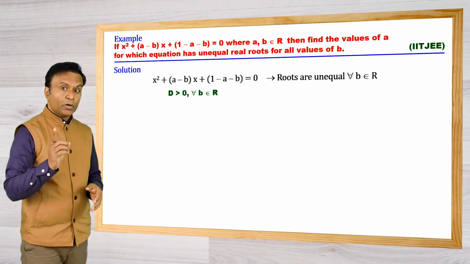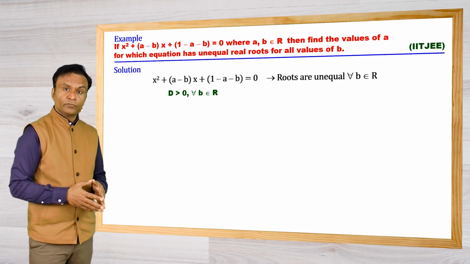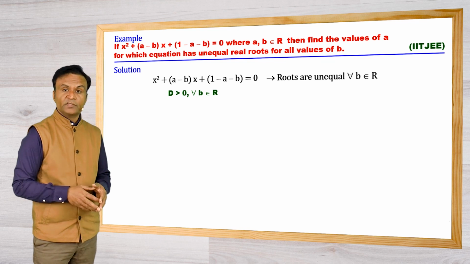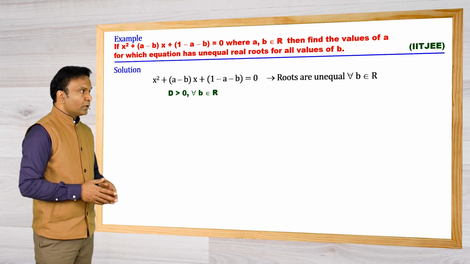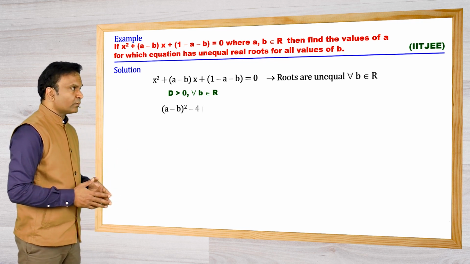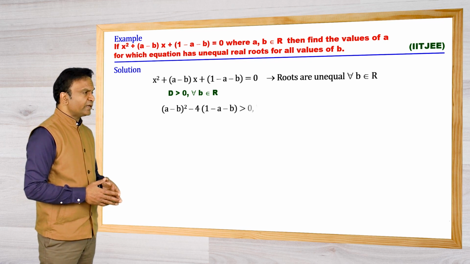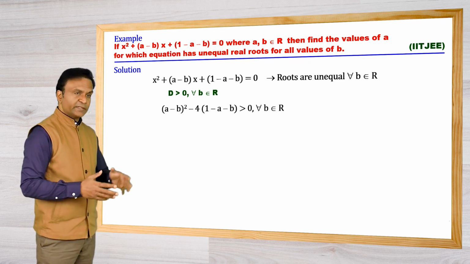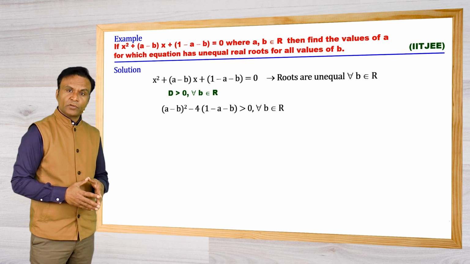But for all real values of b, this statement is very important. Now the discriminant of the equation is (a minus b) square minus 4 times (1 minus a minus b). This is greater than 0 for all b belongs to R.